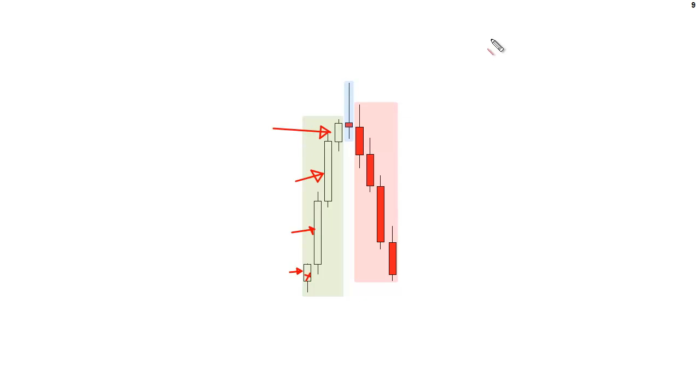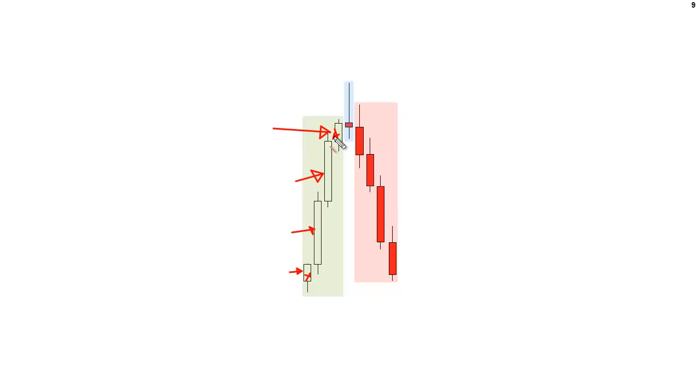It's not indecision. This candle here, this one right here, I got a new mouse today, guys. It's a bit too sensitive. I'll put down the sensitivity. Okay. So this candle doesn't say indecision, but it does say that buyers are still in control of price.